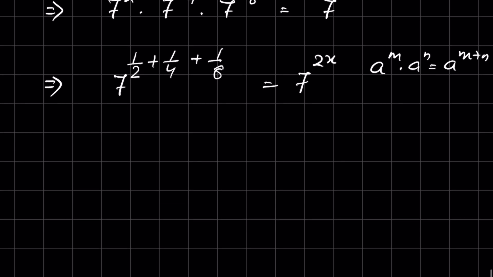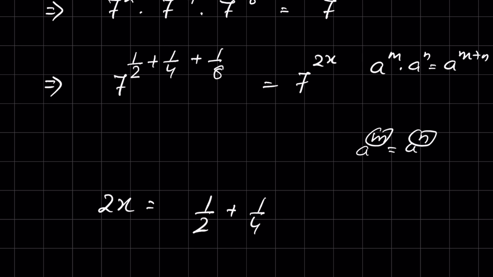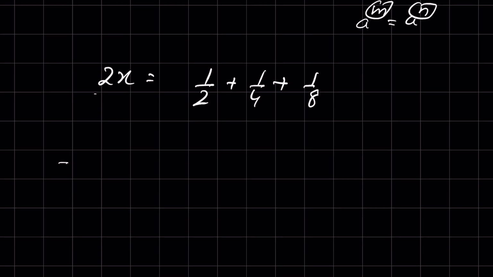Now again we know when a raised to the power m is equal to a raised to the power n, then m is equal to n. That means 2x is equal to 1 upon 2 plus 1 upon 4 plus 1 upon 8, or 2x is equal to, LCM of 2, 4 and 8 will be 8.